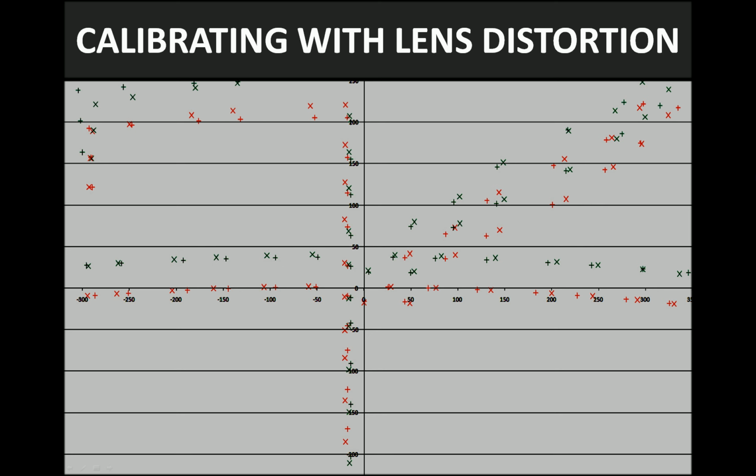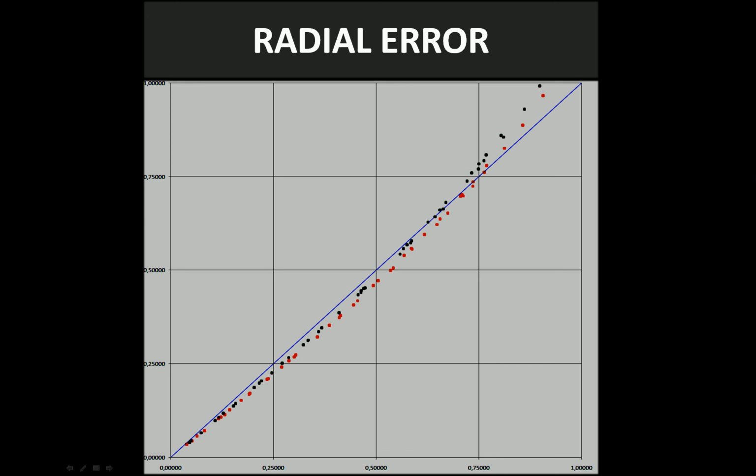We have prepared a chart where you can see how these errors behave. In a perfect calibration, we wouldn't get any error, and all these red and green points would fit the blue line. In this case, because we have radial distortion, we get some kind of curve that we think is a parabola that, once fit, will allow us to simulate lens distortion.